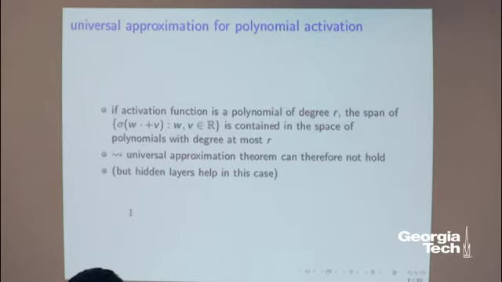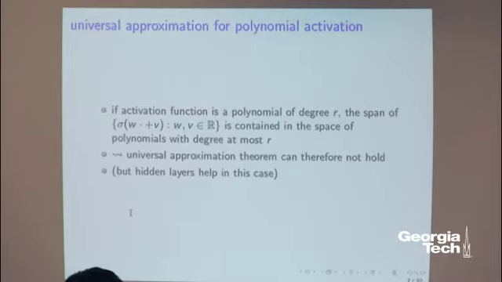Another thing: I mentioned that the universal approximation theorem does not hold for all activation functions, and the case where you can easily see that it doesn't hold is if you have an activation function which is a polynomial. So suppose you take here x squared, or sigma of y is equal to y squared.